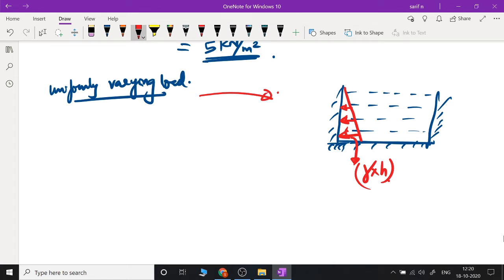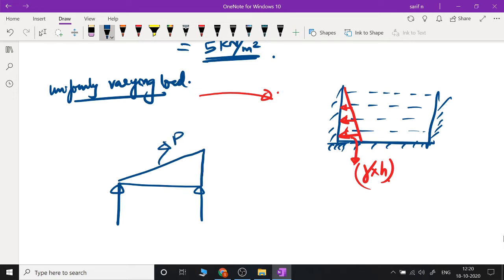Another example can be, imagine that you have a sloping roof. This is the roof, and let us say this much portion is being filled by masonry. When you had masonry of uniform height, you had uniformly distributed load.